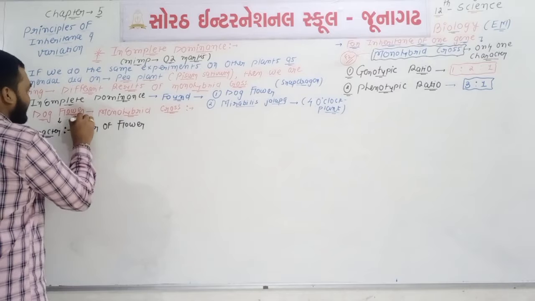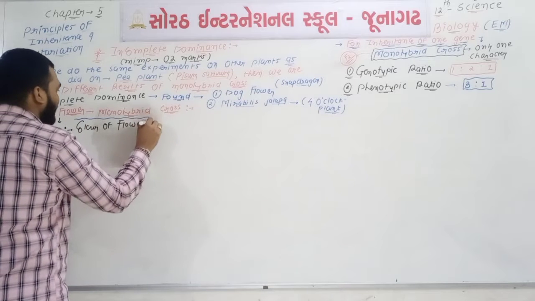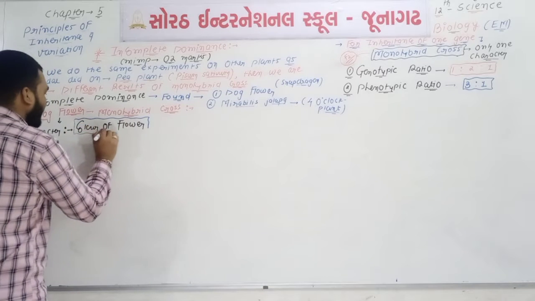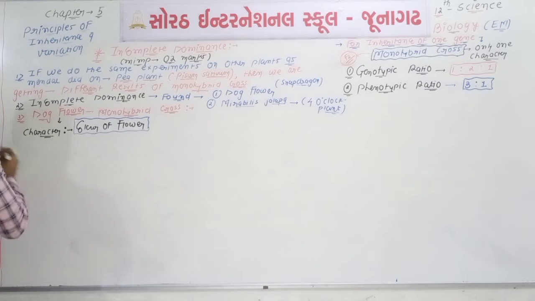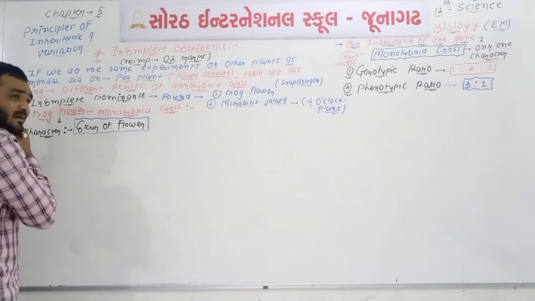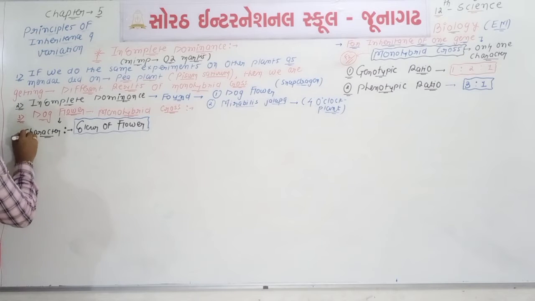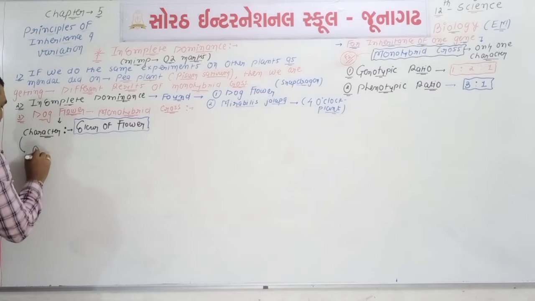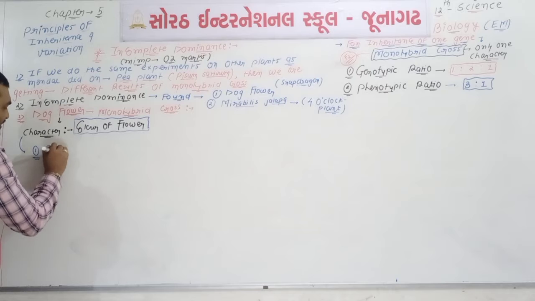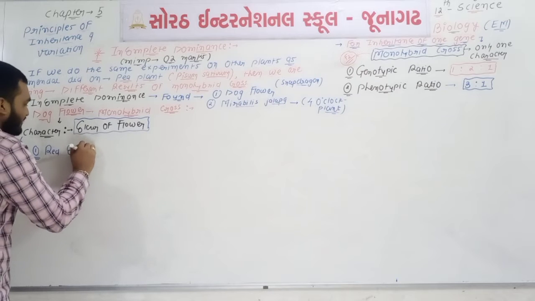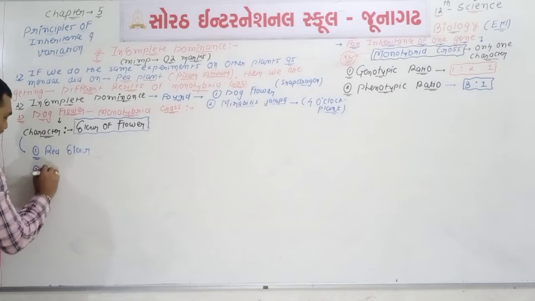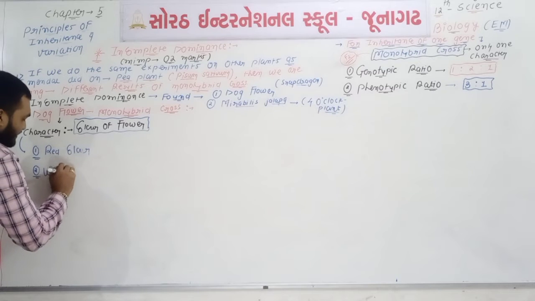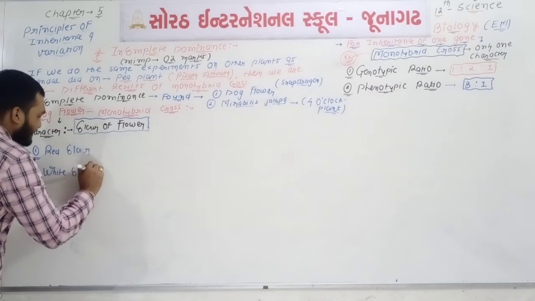The one character has two different traits. The first factor is red color, and the second one is whitish or white colored flower.